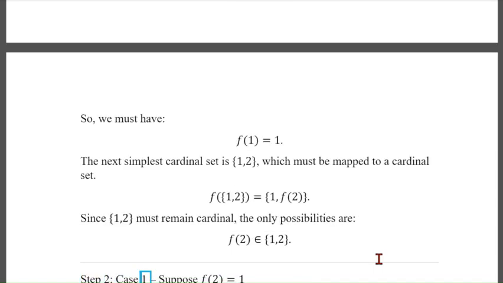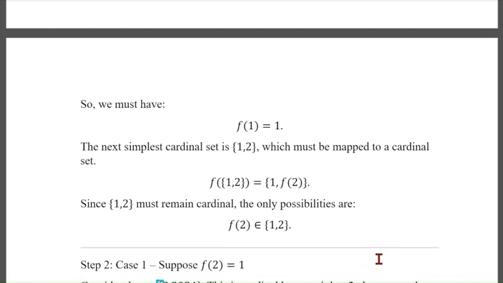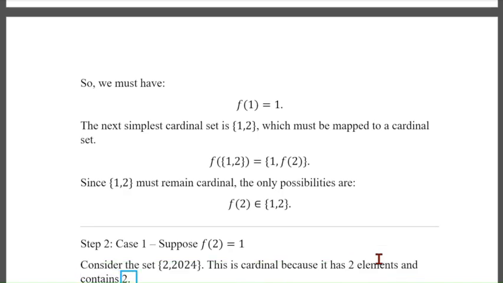Step 2. Case 1. Suppose f(2) = 1. Consider the set {2, 2024}. This is cardinal because it has 2 elements and contains 2.